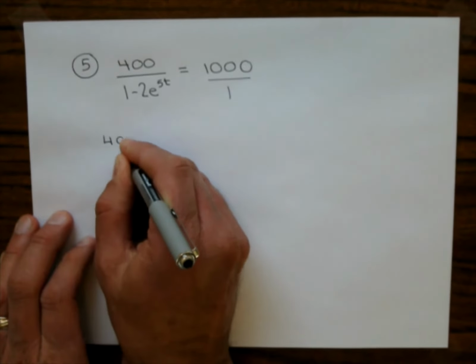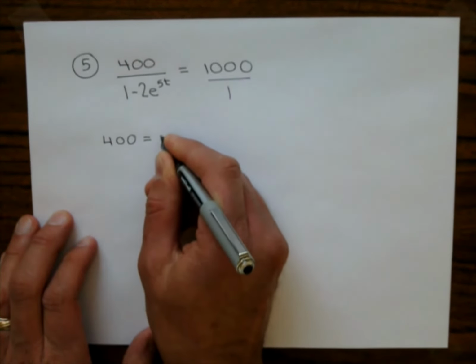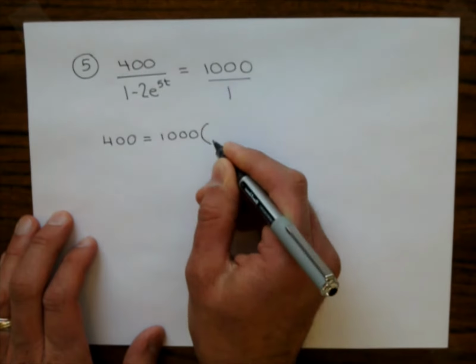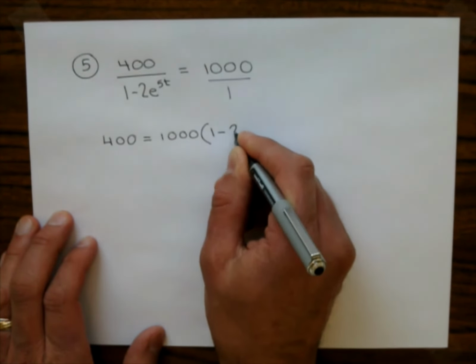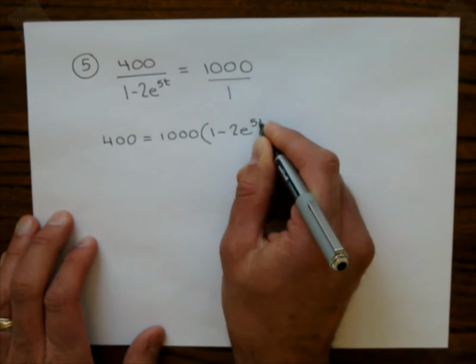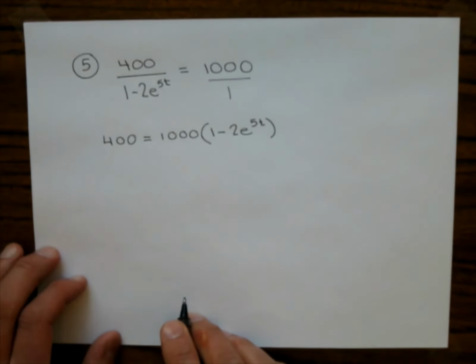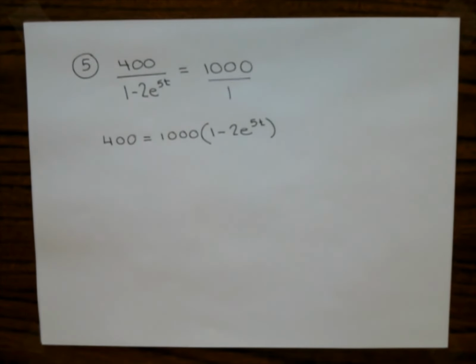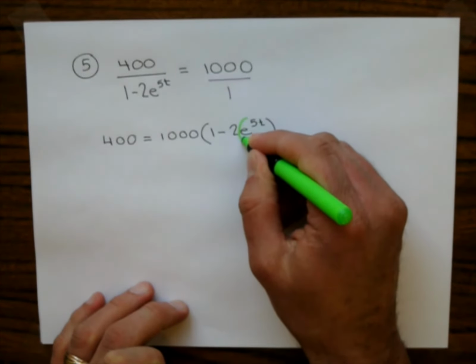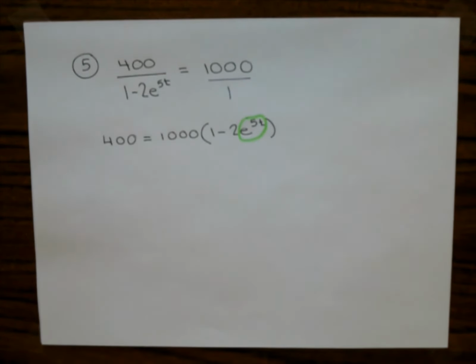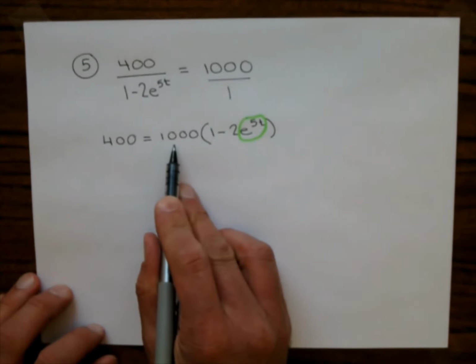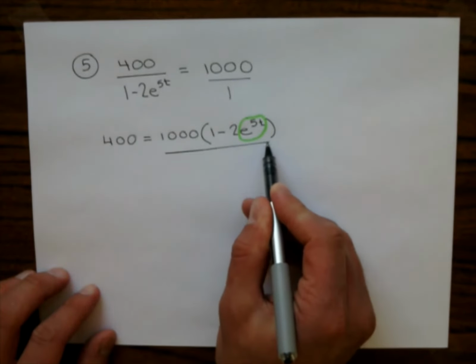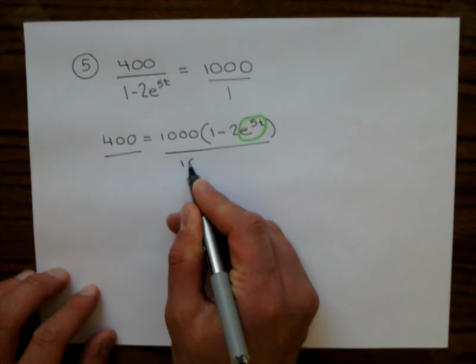So I have 400 equals 1000 times quantity 1 minus 2e to the 5t. Okay, I'm trying to solve for t, and really what I'm trying to do is solve for that guy right there. I notice that there's some zeros here, so I could actually divide both sides of this equation by 10.